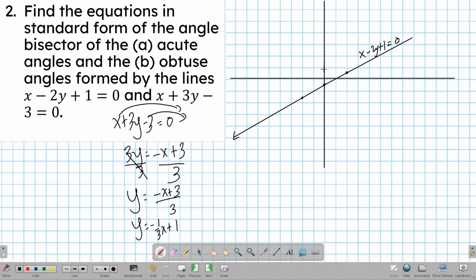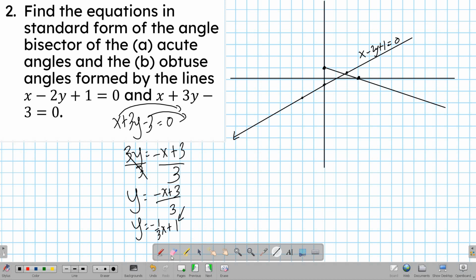So therefore, I'm going to have here 1. That's the y-intercept 1. Then negative 1/3. So I can go down 1, then go right 3. Go down 1, then 1, 2, 3. So therefore, I can draw this line here.